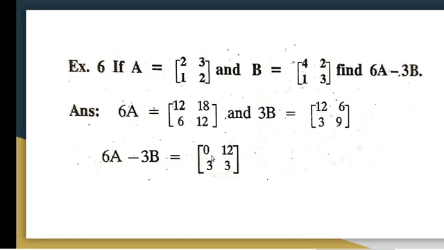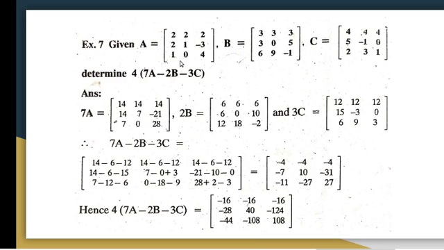So we can subtract each and every element of 3B from the elements of 6A. Simply use the subtraction rule. So finally we will get a matrix obtained by the subtraction.